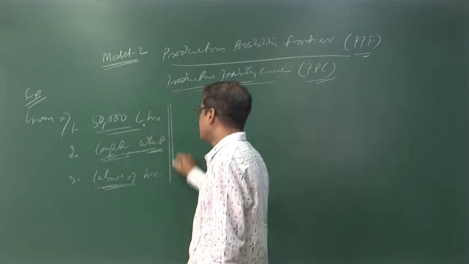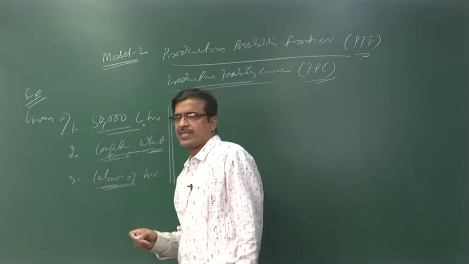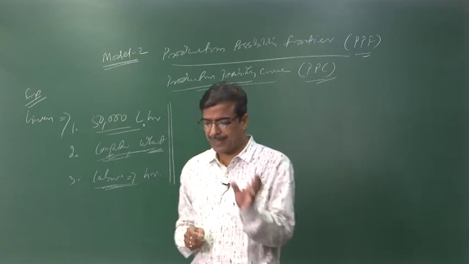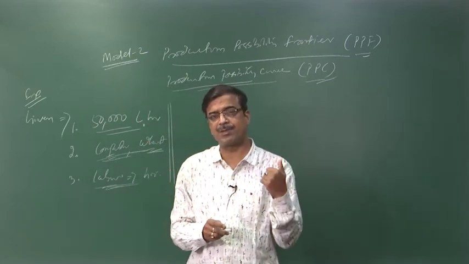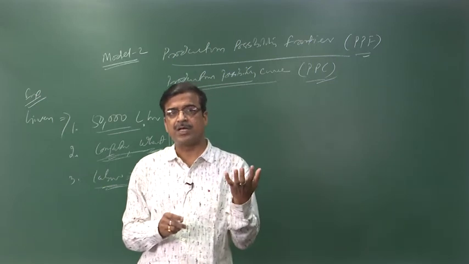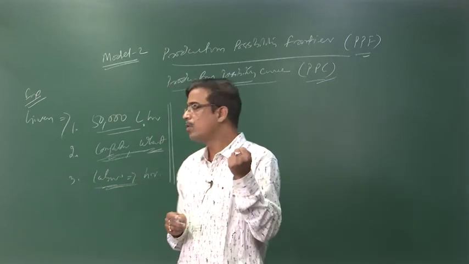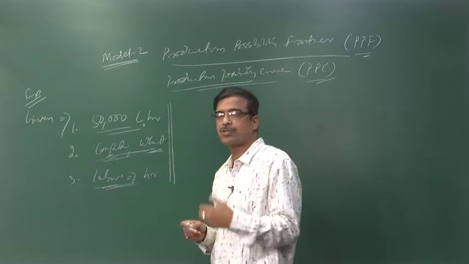Now, alongside this, the requirement for producing each product is also given to you. For producing a computer, how many labor hours are required, and for producing a ton of wheat, how many labor hours are utilized?